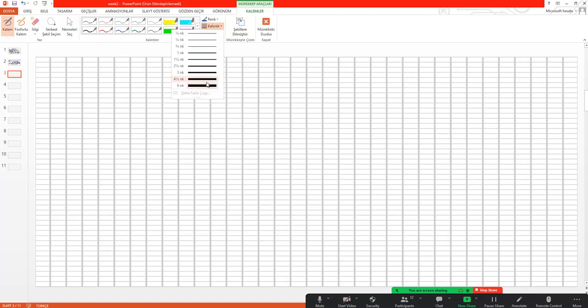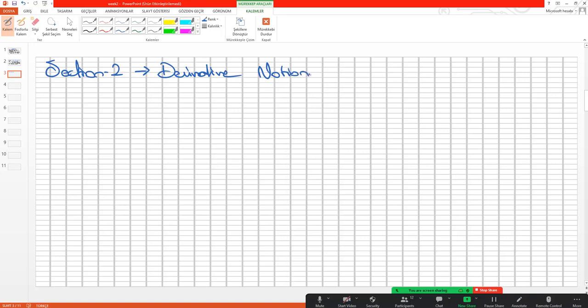Okay. And so section 2 is related with what? The derivative notion in calculus. Okay. How can we prove the derivative operator in calculus?